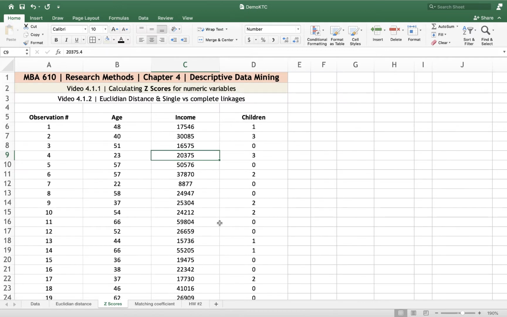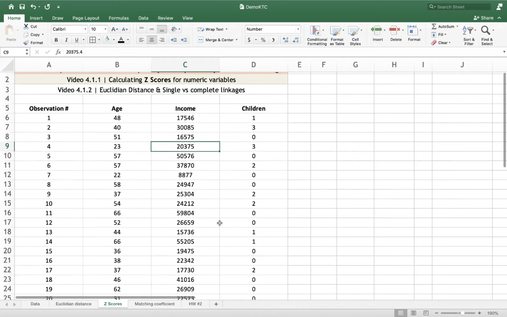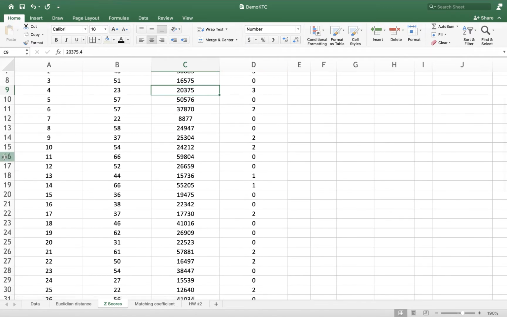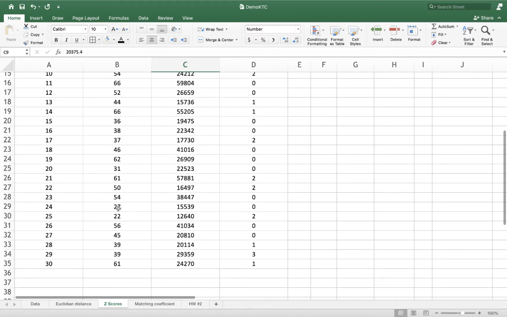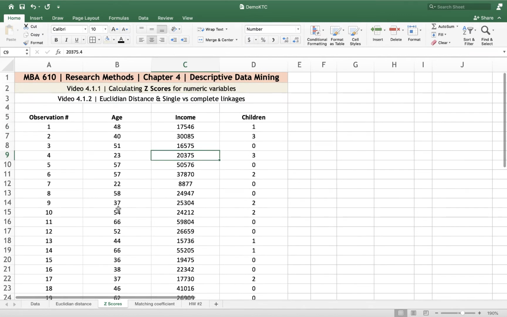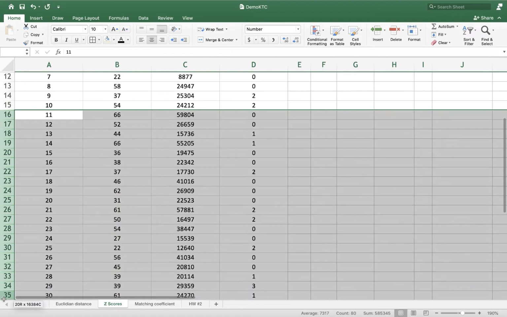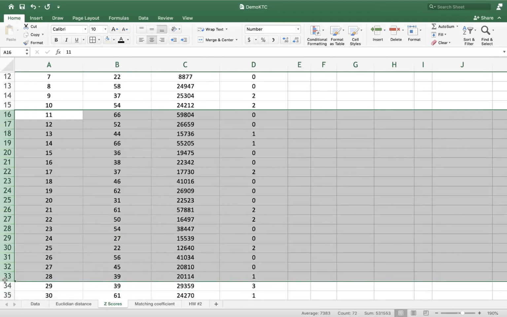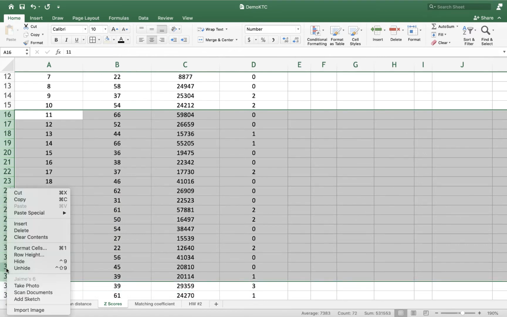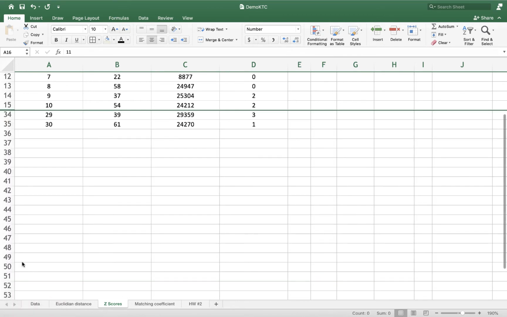So I'm going to start by hiding some rows. This is a super neat tool. If you don't want to have to scroll down, scrolling down to 30 is not so bad. Scrolling down to 110,000 is pretty bad. So I will maybe keep the first 10 observations, then highlight the rest until I get to 1 or 2 below the end, and I'll right click and hide them.